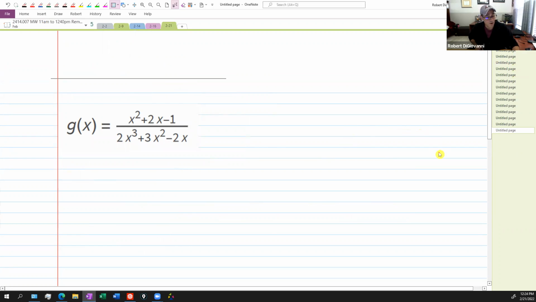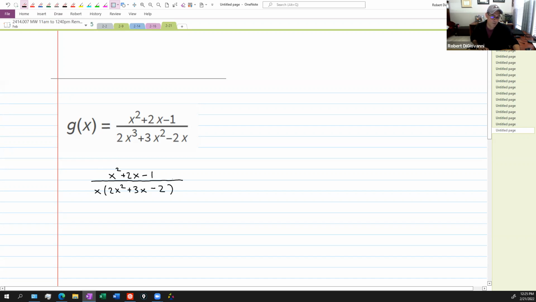So what I'm going to do first is factor the denominator. And if you want, you can factor the numerator. You don't have to. But I'm going to factor the denominator here. First I see that there's a GCF. I can pull an X out of the bottom.